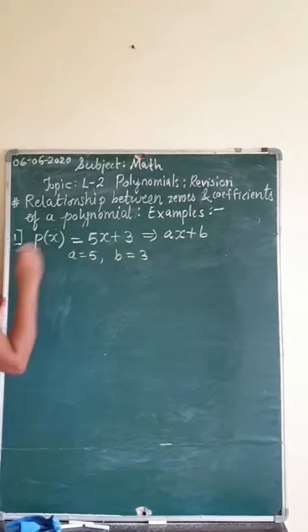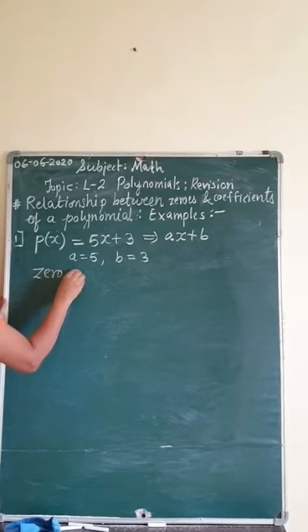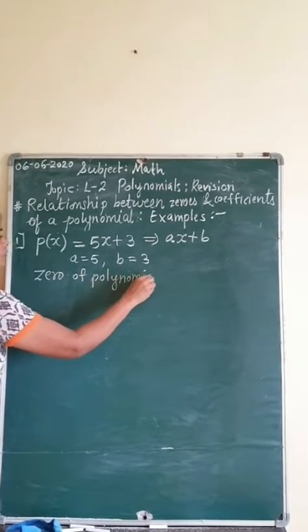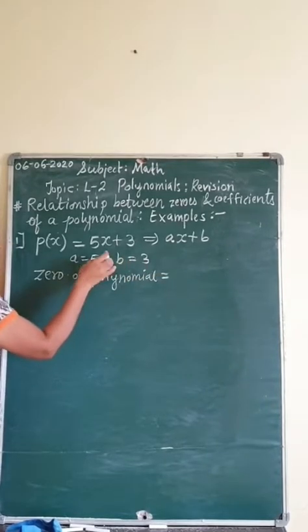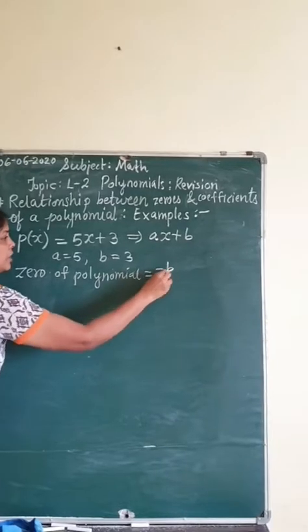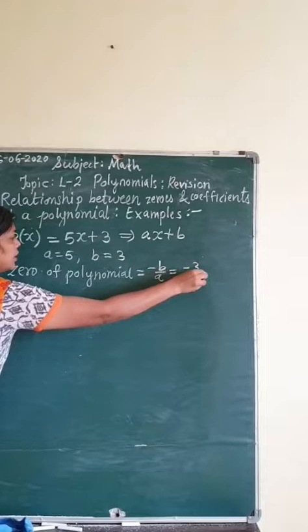And then how do we write the relationship of a zero of a polynomial? So here we get directly the zero of a polynomial by showing the relationship as minus b upon a, which is equal to minus 3 upon 5.